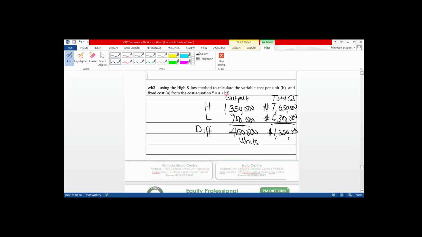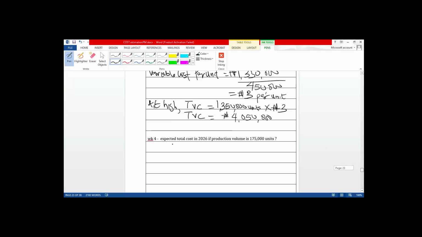So what is total fixed? Total fixed cost is equal to total cost 7,650,000 minus 4,050,000. Please, what's your total fixed cost? 3,600,000.